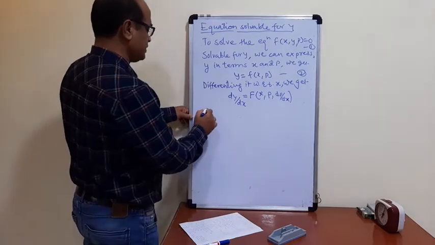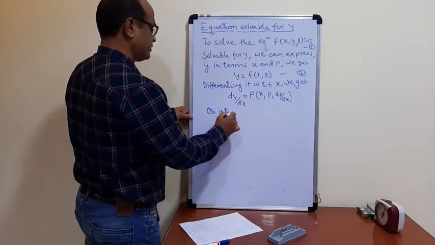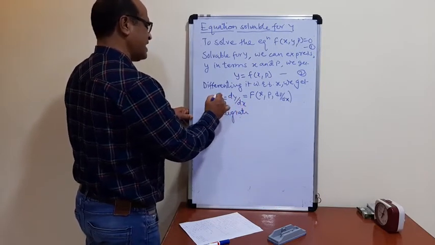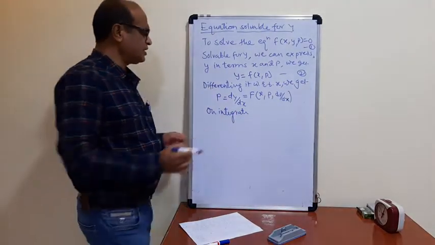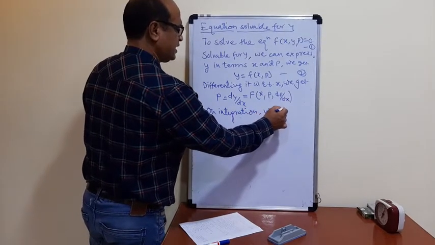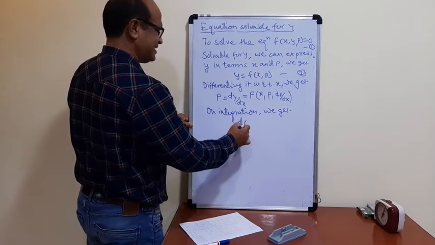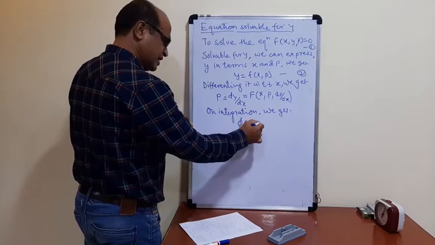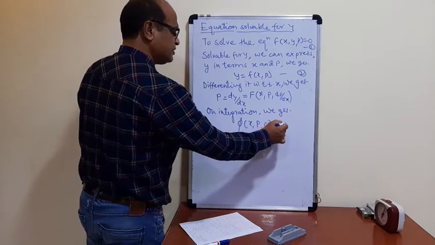So on integration, after solving this, put dy by dx is equal to p, and taking integration, we get the solution such that x is there, p is also there, F of x, p and constant c is equal to 0.